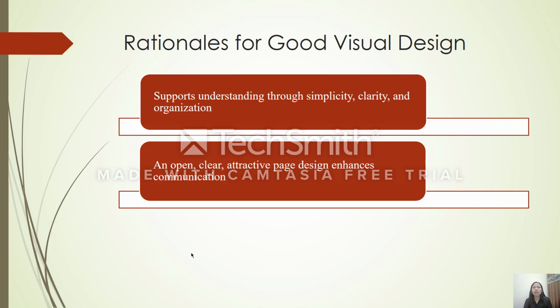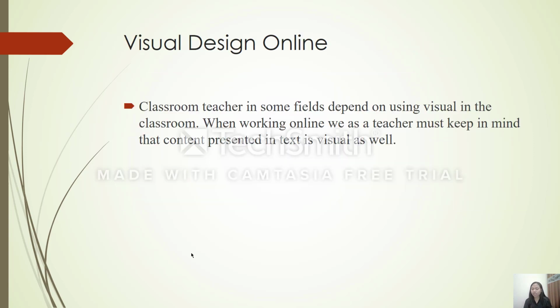The first is rationales for good visual design. So this element is to support understanding through simplicity, clarity, and organization. And also, this element is an open, clear, attractive page design that enhances communication. The second element is visual design online.